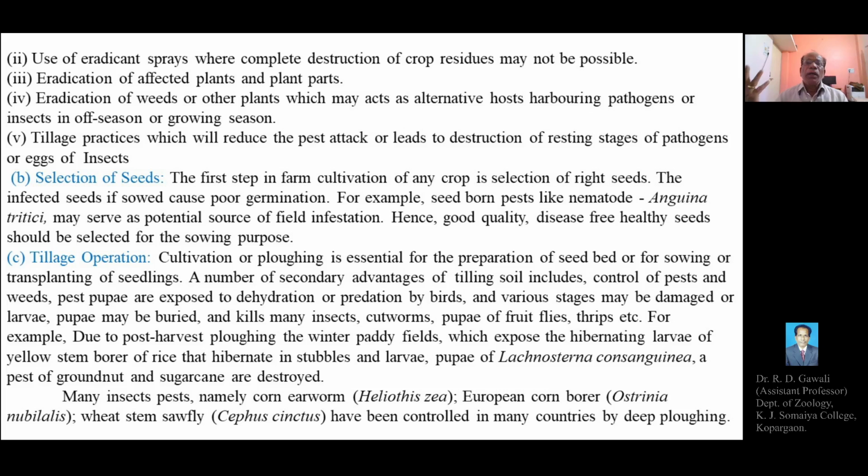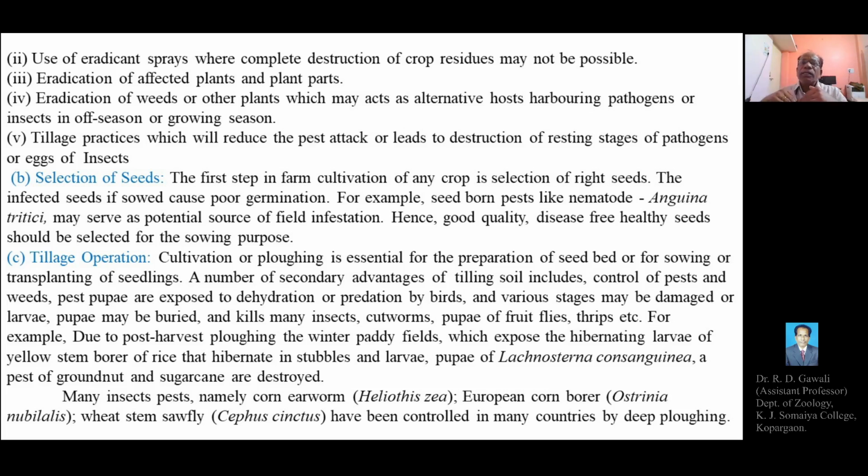This will ultimately reduce the pest attack or lead to the complete destruction of these resting stages of the pathogens or eggs of the insects, some of which might get buried underside of the soil, and so ultimately die or get killed.